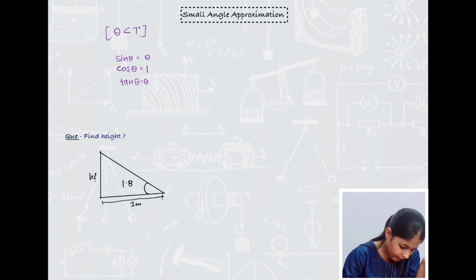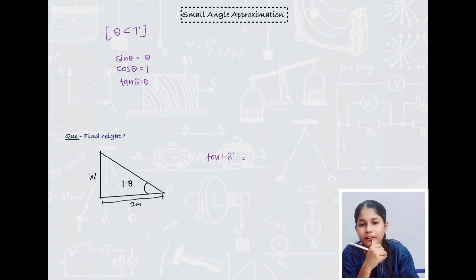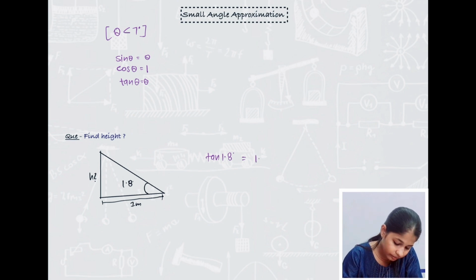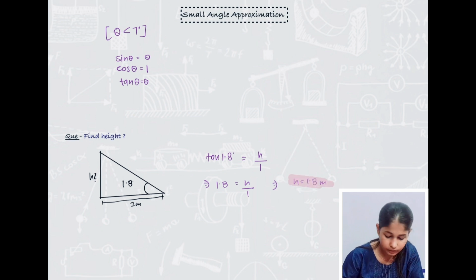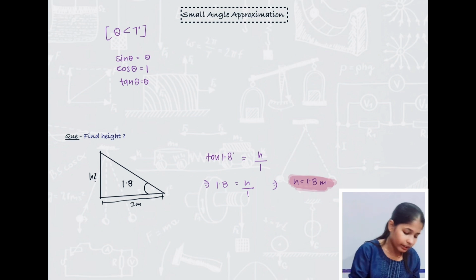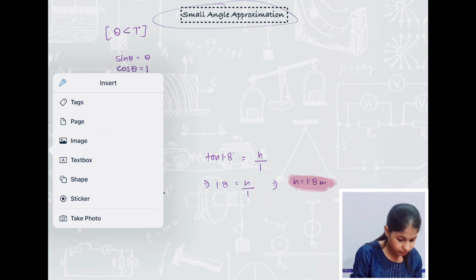Simply you will use tan theta, which is 1.8, and as I have told you, 1.8 is less than 7, so you will write it as it is. Okay, so tan theta is equal to h upon 1. You will get 1.8 equals h upon 1. Simply you will get h equal to 1.8 meters. This was our small angle approximation.